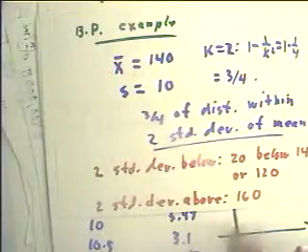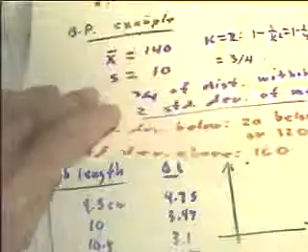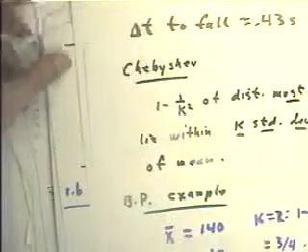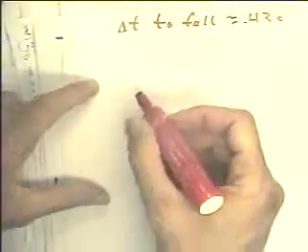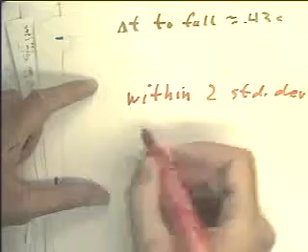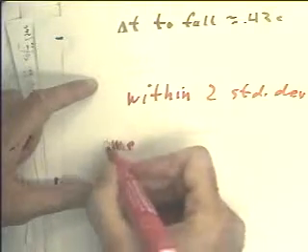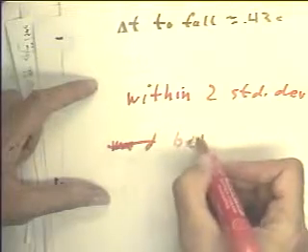So within 2 standard deviations means we're between 120 and 160.